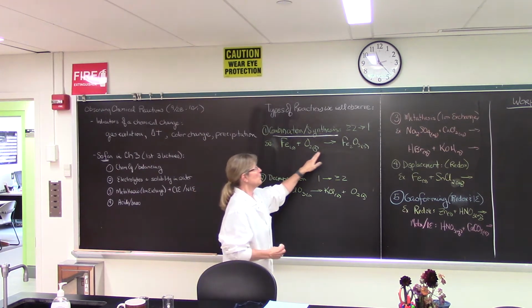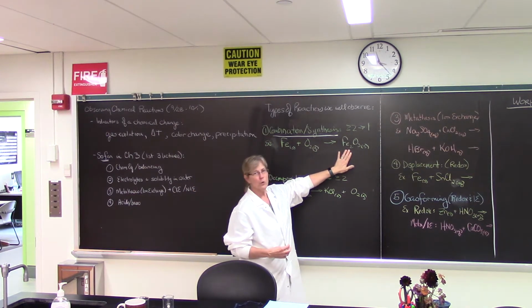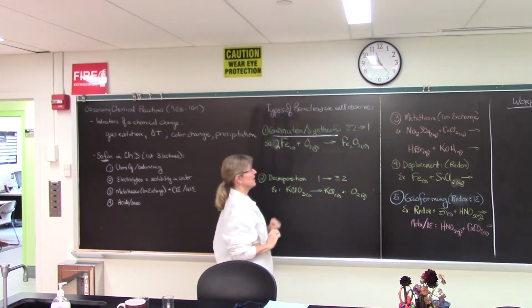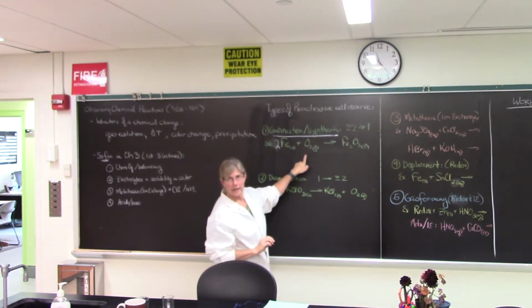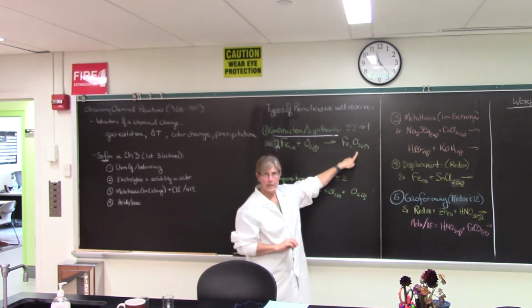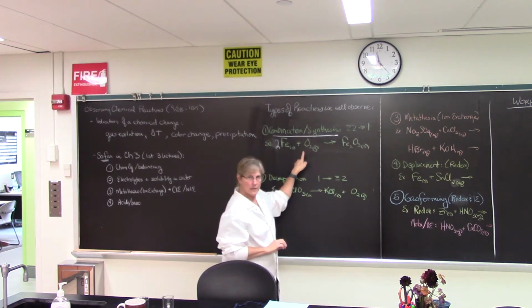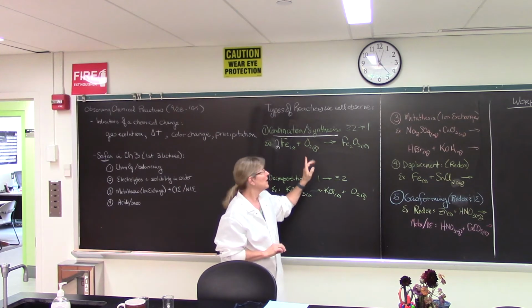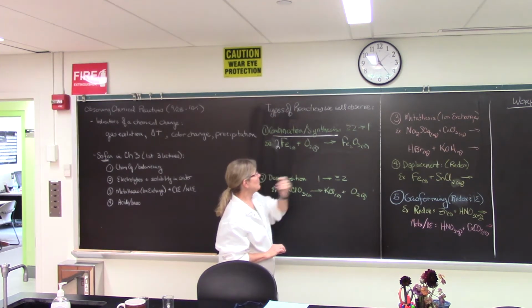This is an easy one. If I look over here, I've got 2 irons, and I don't have any over here, so I'm going to put a 2 here. Now, oops, that's not helping, because now I have O2 here and O3 here. And remember, my balancing numbers, my stoichiometric coefficients, cannot be fractions. And so I've got a problem. Let's see.